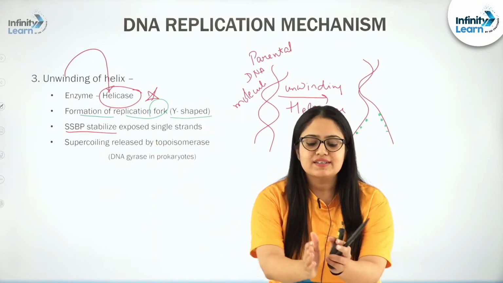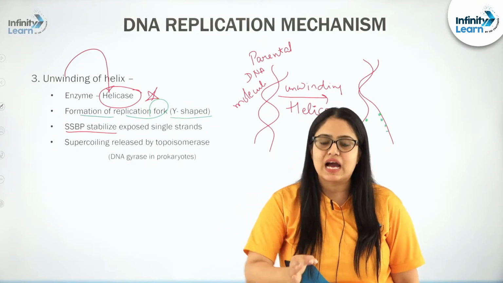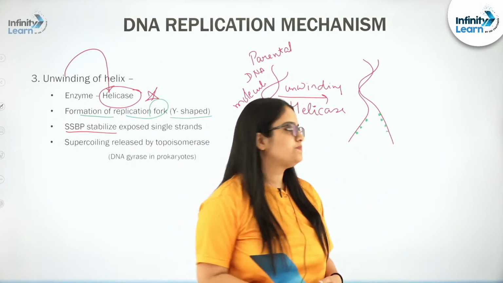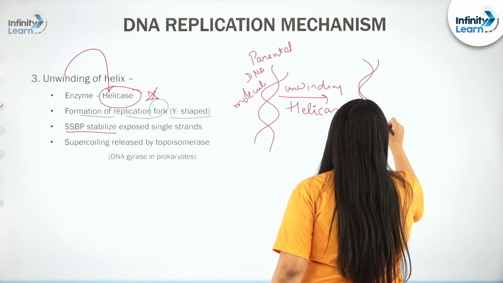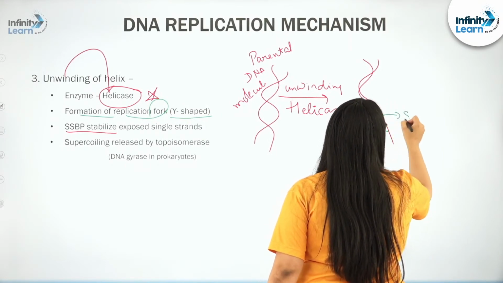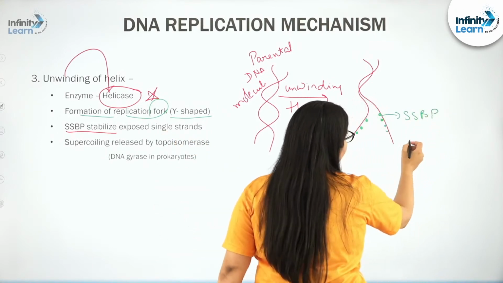Second, the separated strands need to be stabilized so that the replication process can start and proceed on those strands. What is this? This is SSBP, single strand binding protein.